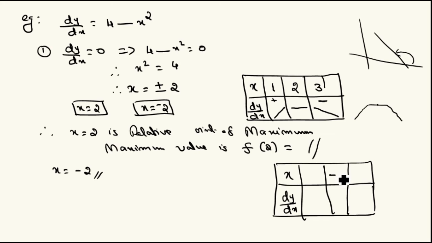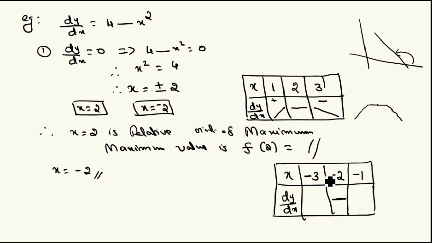So minus 2 will mark in the middle. Left side of minus 2 is minus 3, right side of minus 2 is minus 1. At minus 2 we have seen it is parallel, so dy by dx is 0, a straight line.